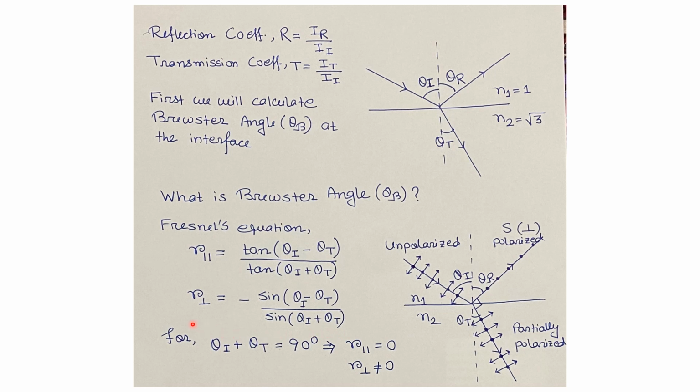If we look into these relations carefully, for the first relation, if theta I plus theta t is 90 degree, then tan of (theta I plus theta t) is infinity. So effectively we will get r parallel is 0. But for this condition, theta I plus theta t equals 90 degree, r perpendicular is not equal to 0. So from this condition we can get the estimation of Brewster angle.